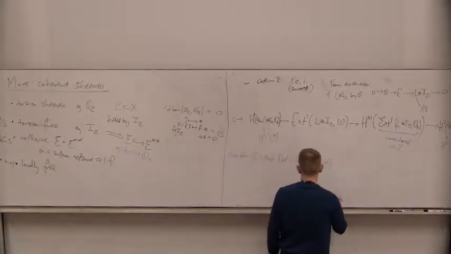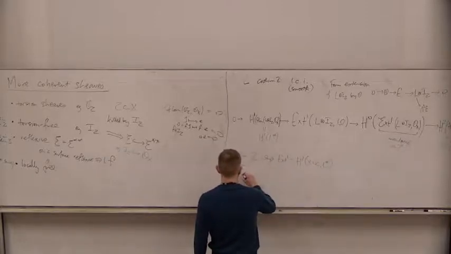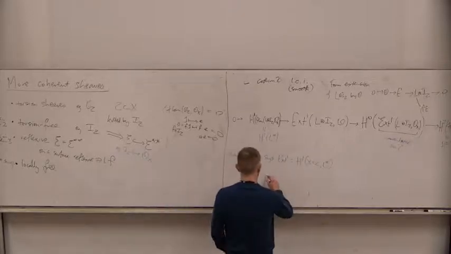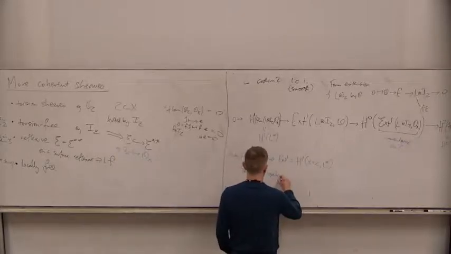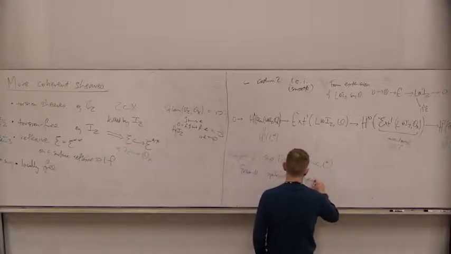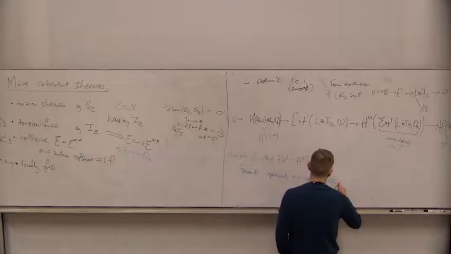Remember, in Dolbeault cohomology, the Dolbeault model was that topologically the extension is split. So you have O plus L away from Z.